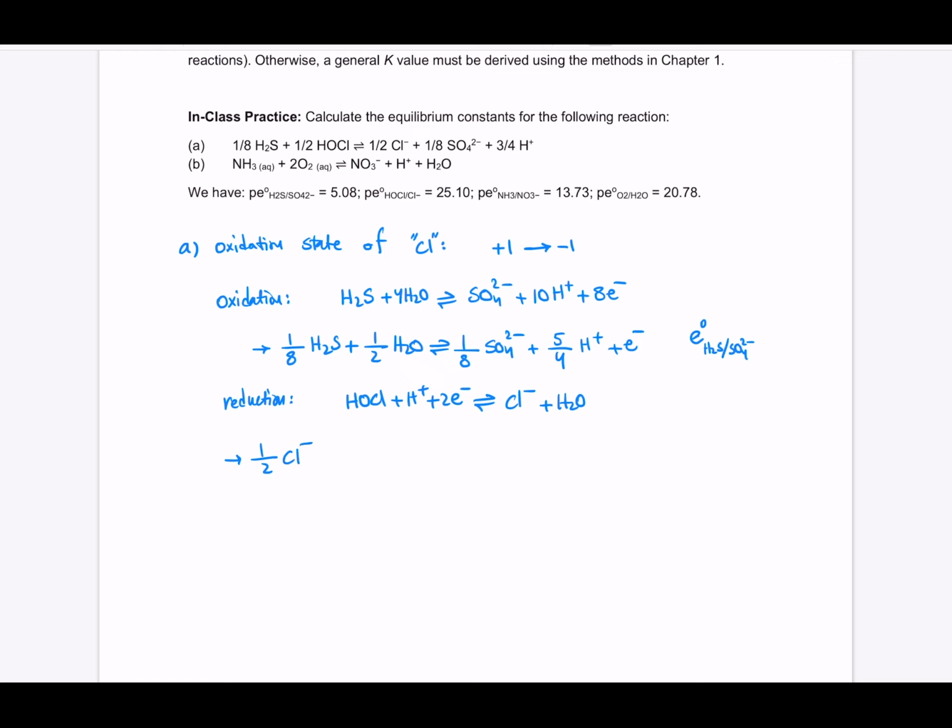So 1/2 of HOCl, half of proton, then 1 electron, forming half of Cl minus plus half of water. Then E0 would be basically E0 of HOCl and Cl minus.